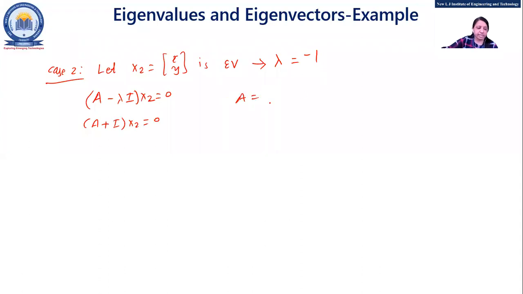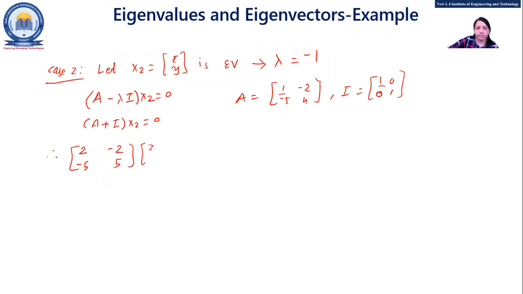Our A is [1, -2; -5, 4] and I is [1, 0; 0, 1]. Just addition of this, because lambda equals minus 1. So direct addition: 1 plus 1 is 2, minus 2, minus 5, 4 plus 1 is 5, and instead of x2 again (x, y) equals 0.